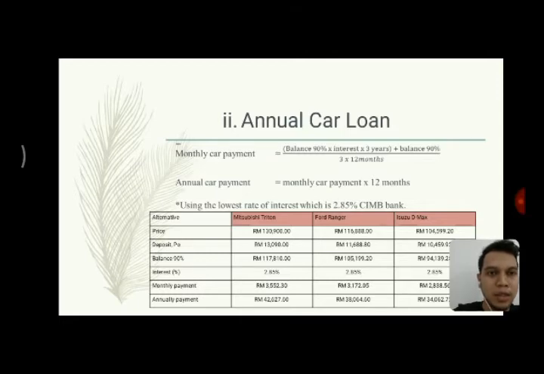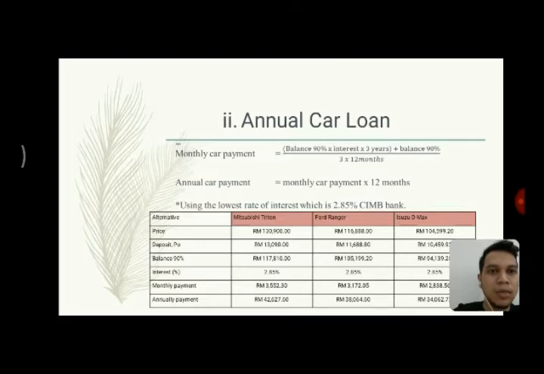So we see that the Mitsubishi Triton price is 130,900 ringgit Malaysia, deposit 30,090 ringgit Malaysia. For the balance 90%, price minus deposit, so we got 173,810. The interest that we use is 2.85%.